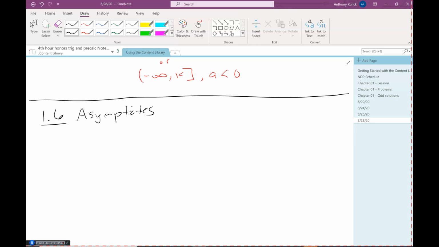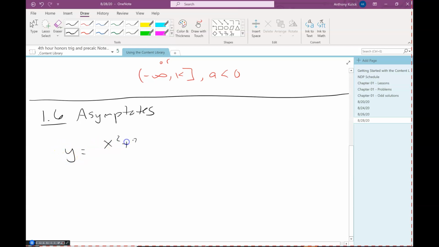It's a line that the graph approaches but does not cross. You remember that from last year? Okay. And we know there's a couple different kinds of asymptotes. Specifically, we probably spent a lot of time talking about horizontal asymptotes and vertical asymptotes, right? Now, for the sake of simplicity, when we refer to horizontal asymptotes, we're still going to refer to things like the following.